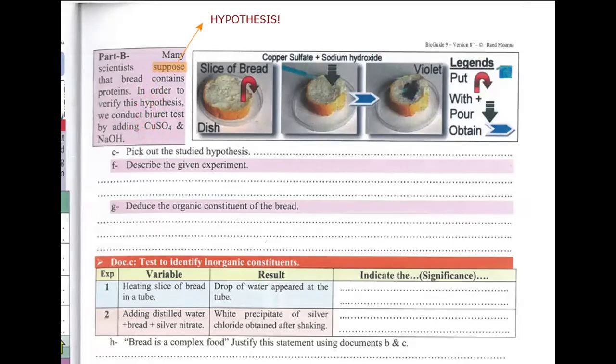Pick out the studied hypothesis، تأكتب الhypothesis، I have to put بالأول كلمة hypothesis: bread contains protein.